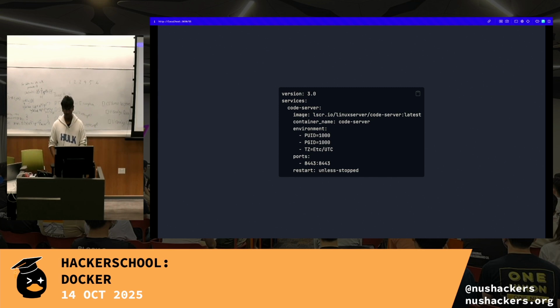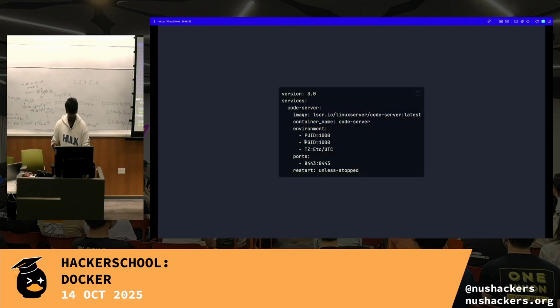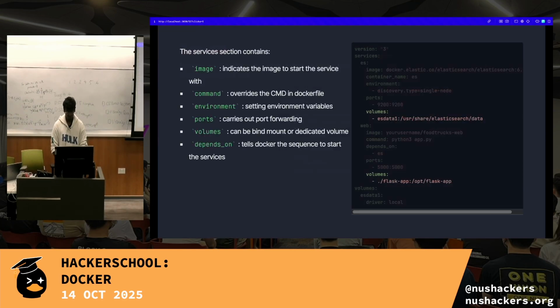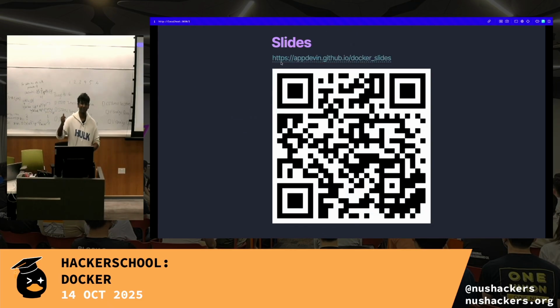If you have any issues, you can raise your hand. After you run this command, all you need to do is docker compose up, and then you get all your containers running. To make it faster, those who want to scan the slides, you can scan now, so you can copy the code.